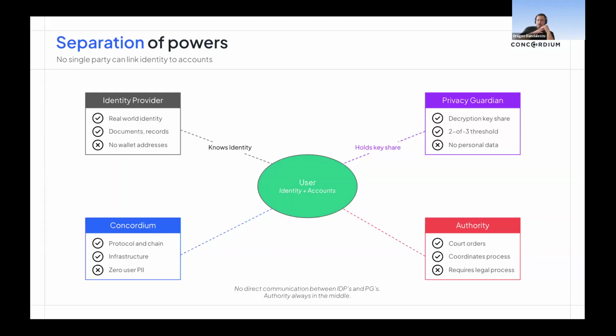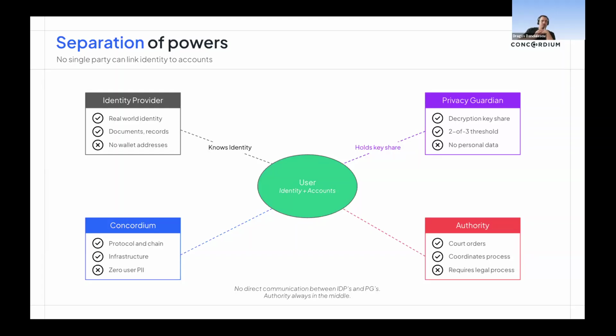Then we have the privacy guardian. They hold just a key share that's needed for decryption, but they don't have access to any personal data. Concordium provides the protocol and chain itself and the infrastructure, but has zero user personal identifiable information. And then the authority, they have court orders and will coordinate this entire process, which in order for everything to happen, there has to be an actual legal process behind it.